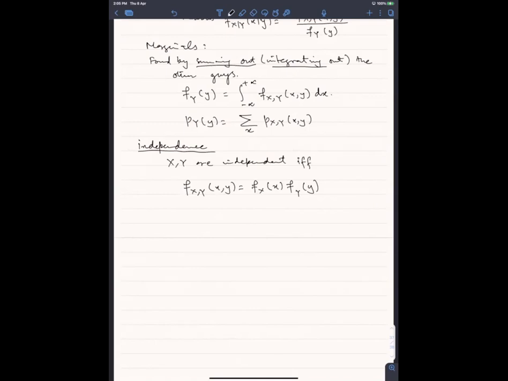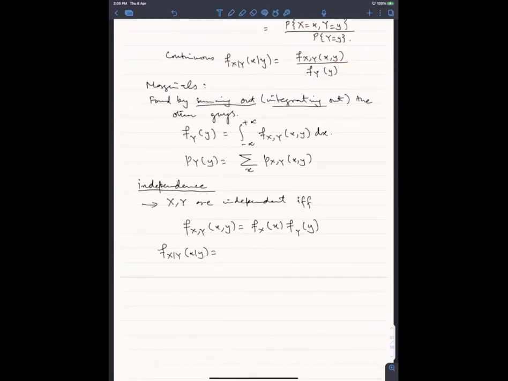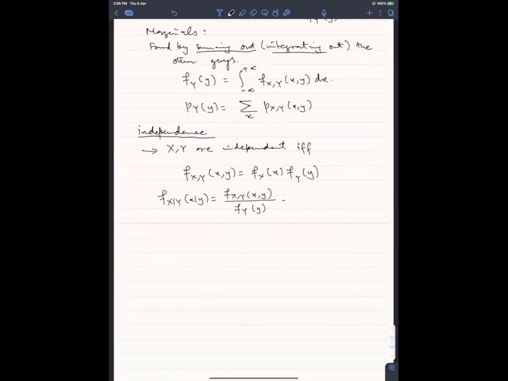What is also important to remember for independence is the conditional distribution of x given y, which by definition we wrote here. Since x and y factor out, this will turn out to be equal to f of x, because the y factor cancels with the denominator, and you will only be left with x, which makes sense.